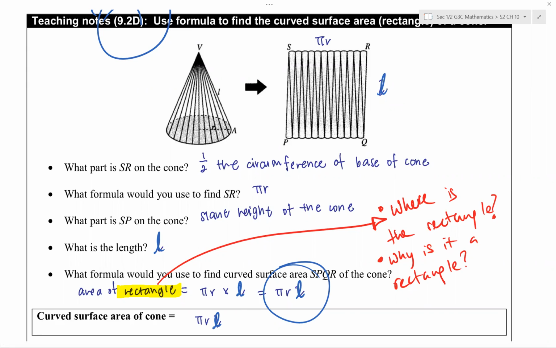Remember, we are trying to find the curved surface area. So what they did in this case was they split that curved surface area into many strips. Then they line up the strips, up, down, up, down, up, down, up, down. And then they form this shape. So why is it called a rectangle? Is it a rectangle?